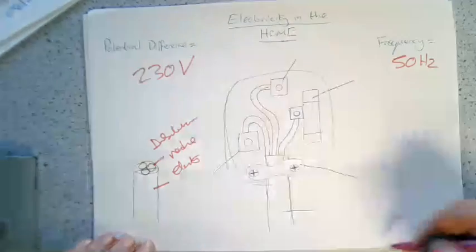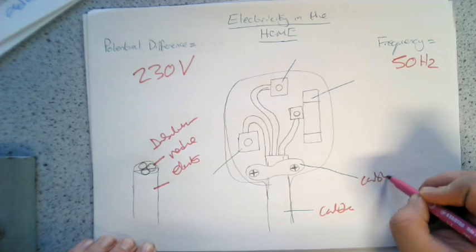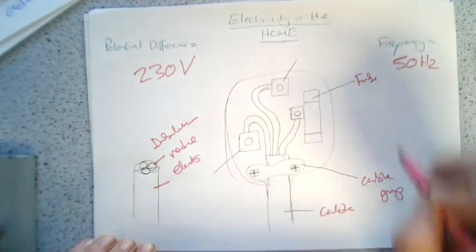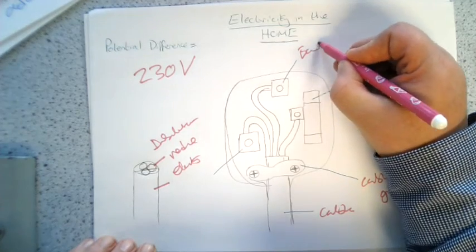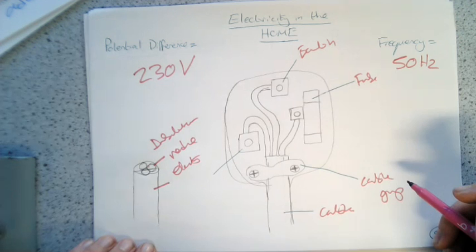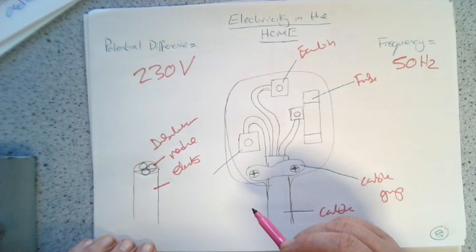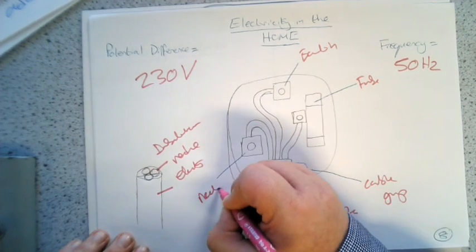Then we've got our 3-pin plug here, cable grip, a fuse. A fuse is our safety device. We have our earth, okay, and then we have, I have to remember a little thing from our top, blue to the left, going to the left, and that would be our neutral.